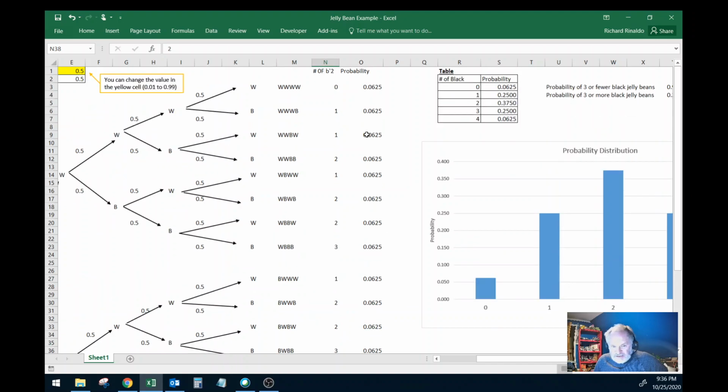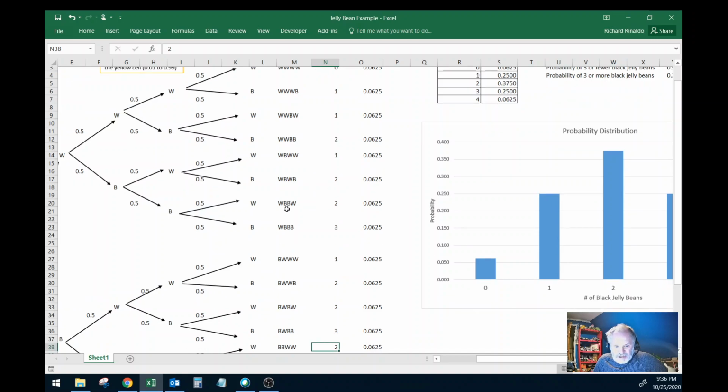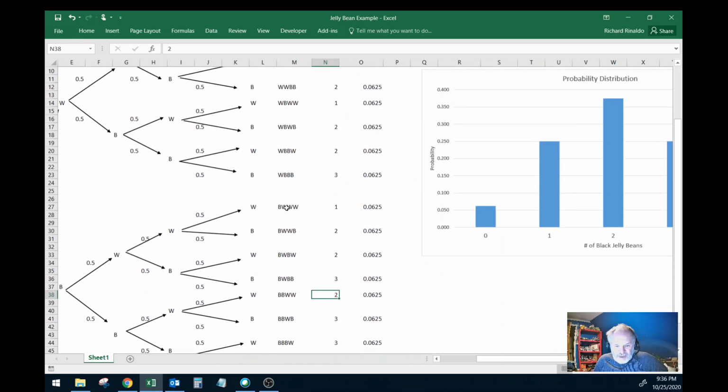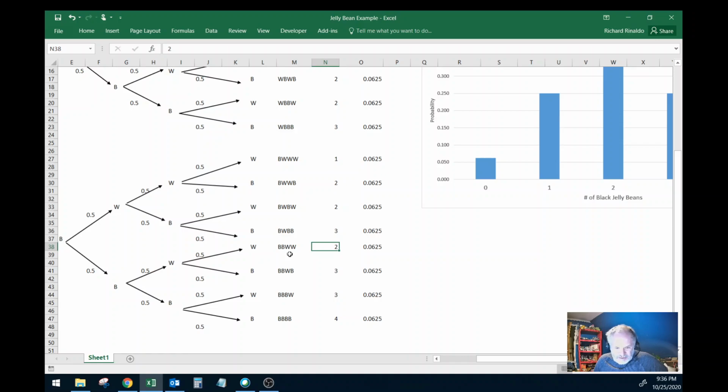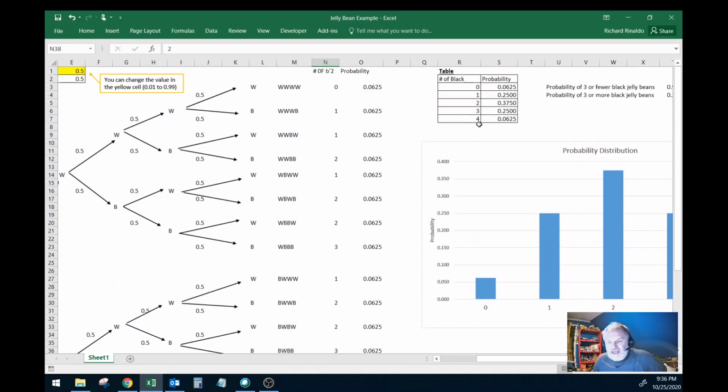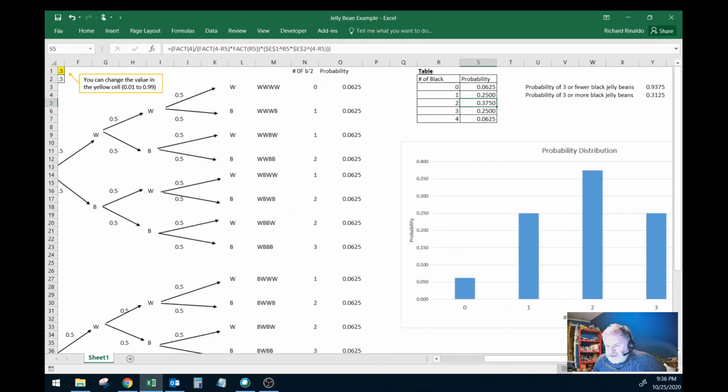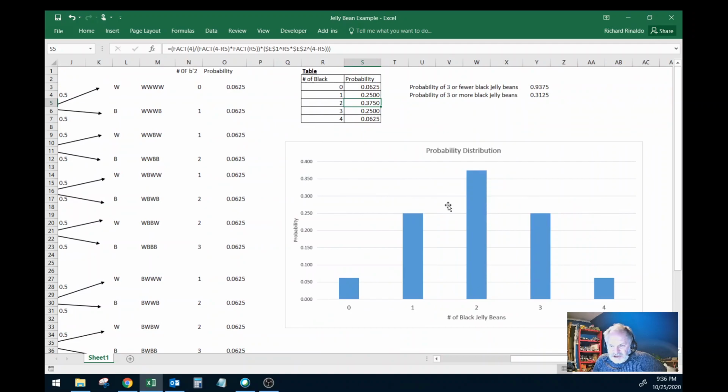And you can see here the combinations of white and black. It's the last one. So that would be 6 times 0.0625. And as we saw in the lecture, there's the distribution.